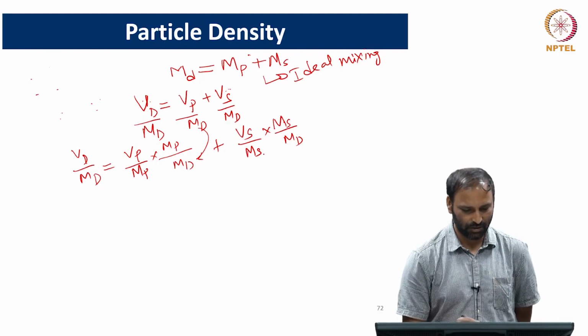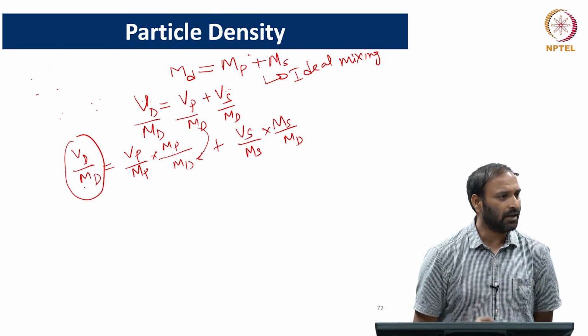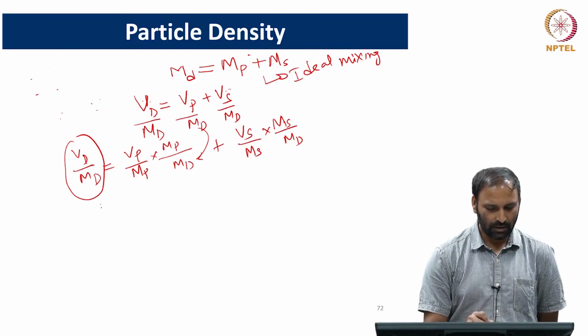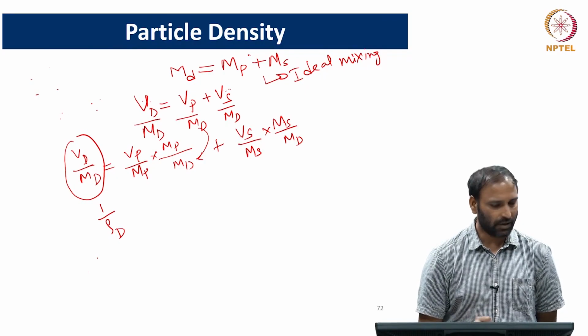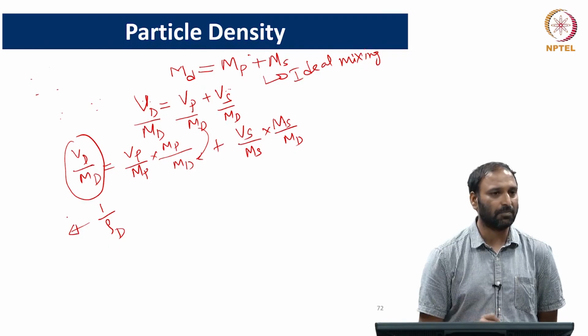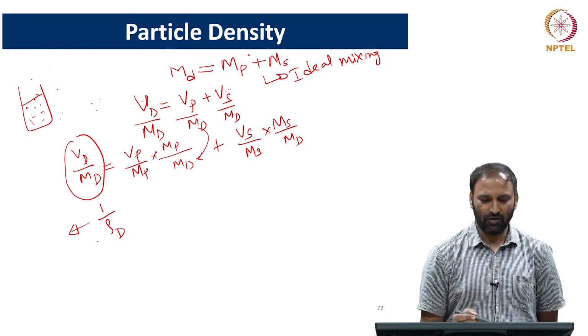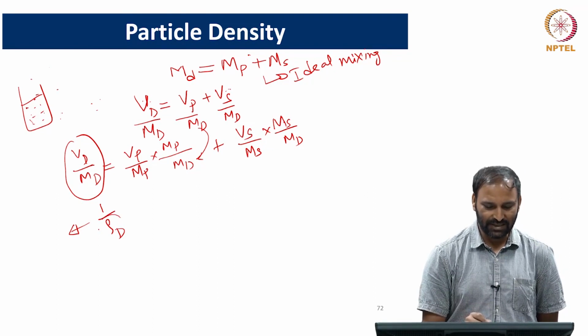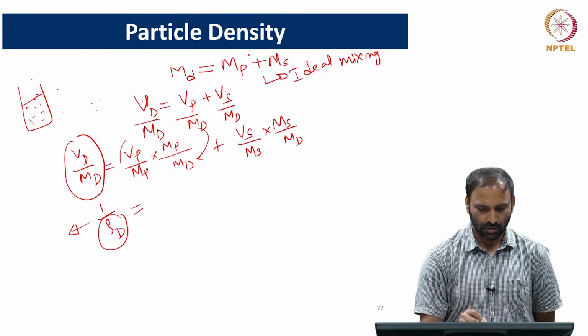Yeah, a simple manipulation. So, this parameter, the volume of the dispersion divided by the mass of the dispersion, is the same as 1 over rho of the dispersion, that is the density of the dispersion. If I have a way of measuring the density of the dispersion, that is what 1 over rho d is equal to.